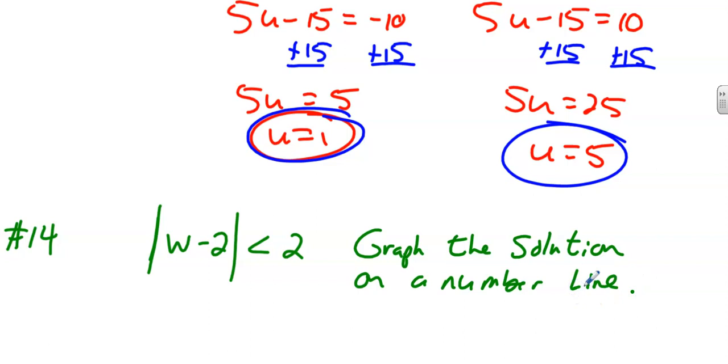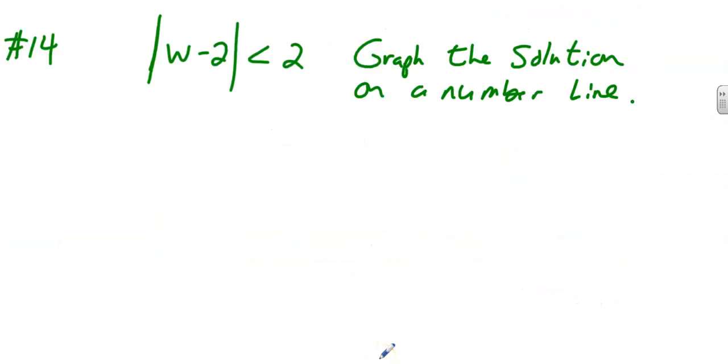For this one, we are going to solve the inequality, but it tells you to graph the solution on the number line. I'd say they don't even worry about the solution, they just worry about the graph here.